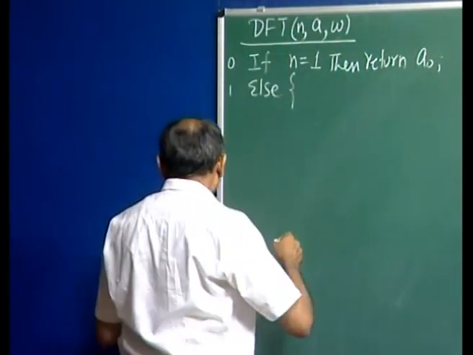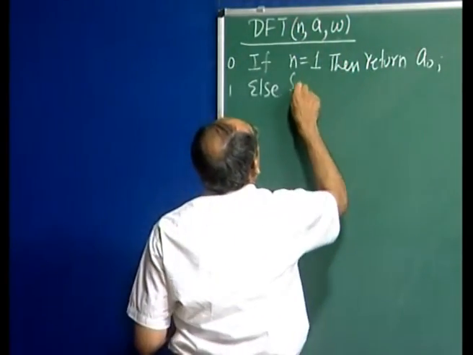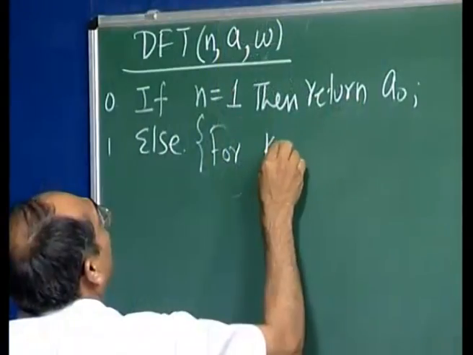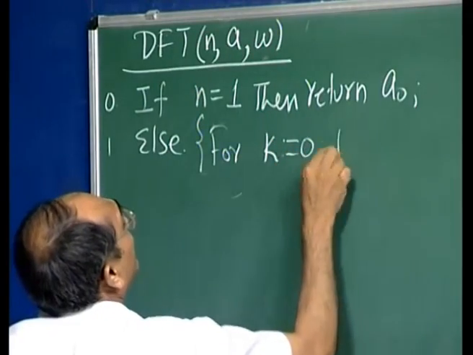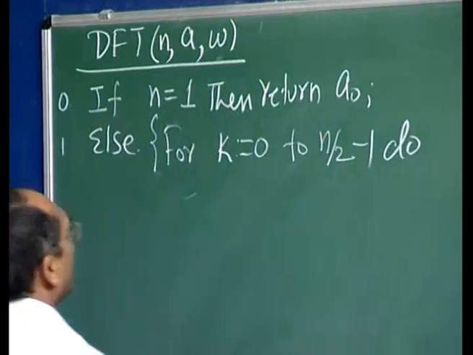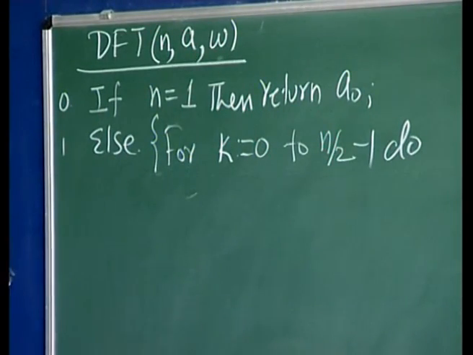So, I will have, for k from 0 to n by 2 minus 1, we will define these two vectors.